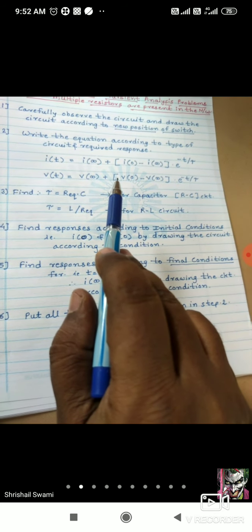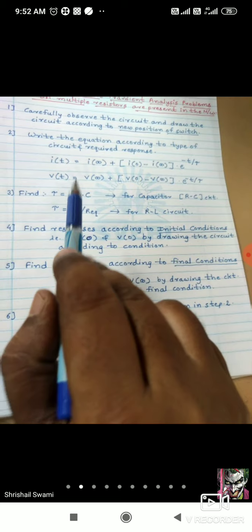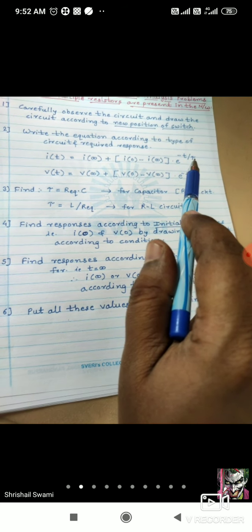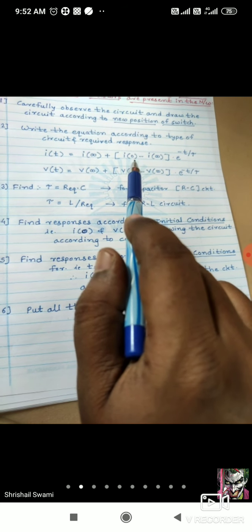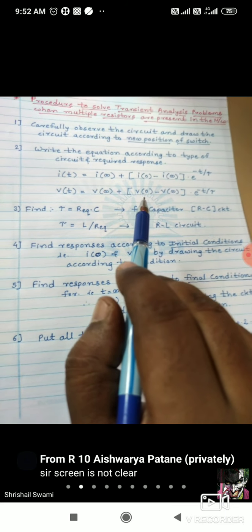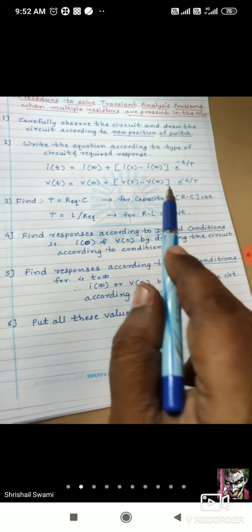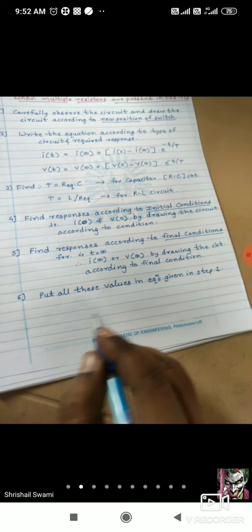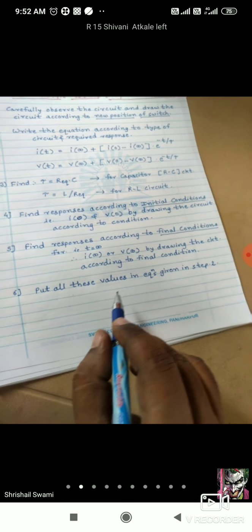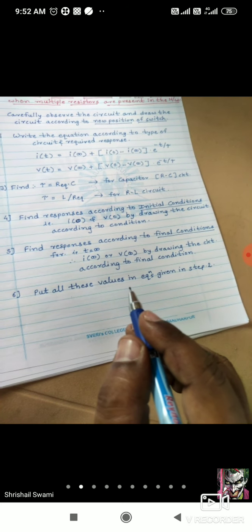So these are the equations given in step 2. So put all these values, that is tau, you can put I of infinite, I of 0. Every value you can put in the equation shown here, then you are getting the final response or required response. Do you understand? Okay, so put all these values in equations given in step 2.